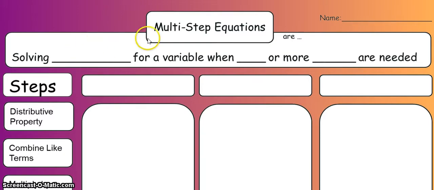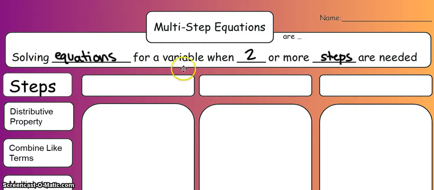Alright, this is what your frame looks like. We have that multi-step equations are solving equations for a variable when 2 or more steps are needed. Really, we're going to be working with 3 or more steps, but on this frame, we're going to be working with 2 or more.